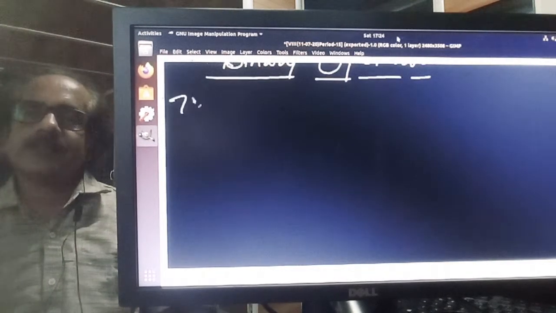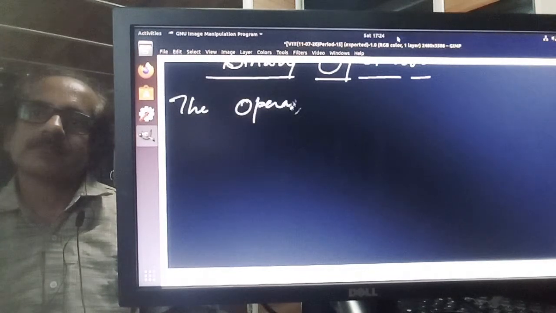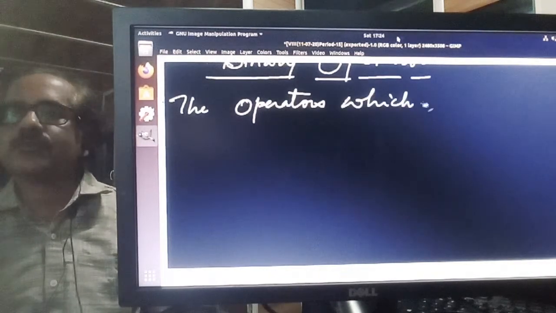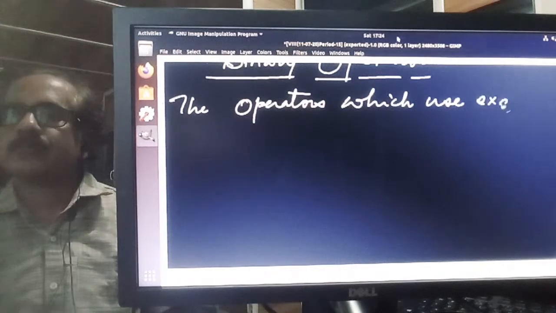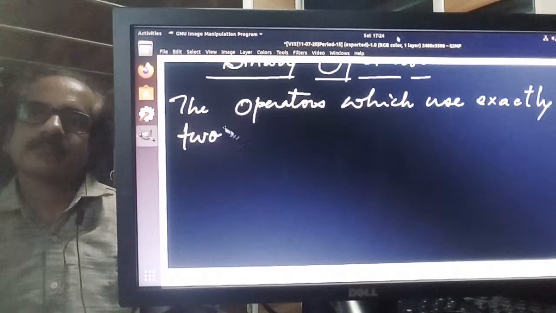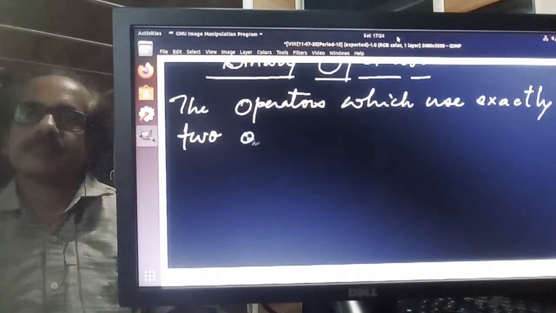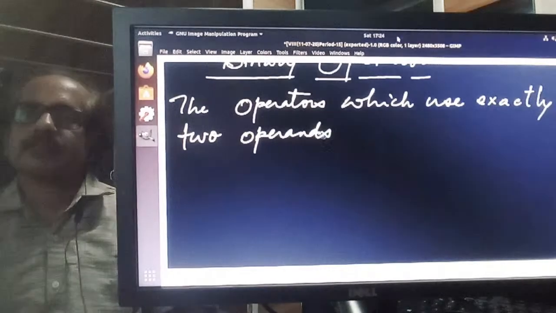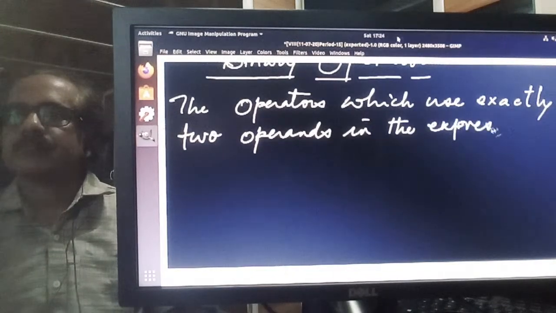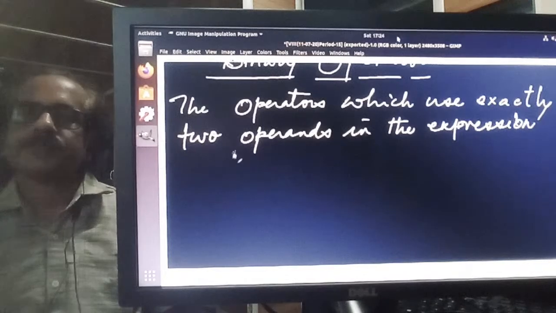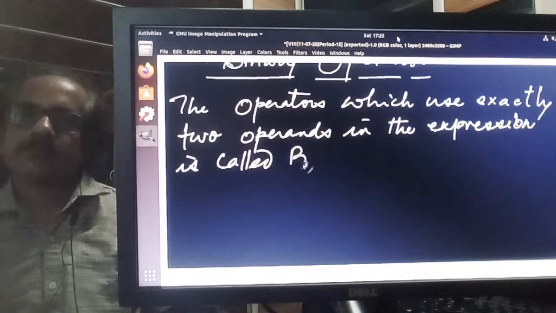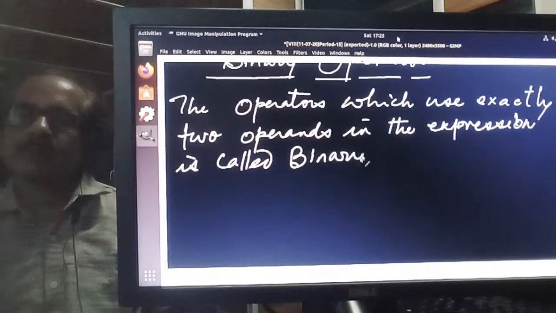The operators which use exactly 2 operands in the expression are called binary operators.